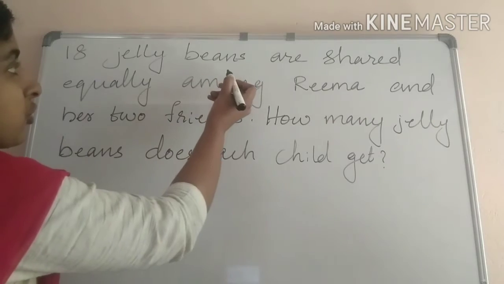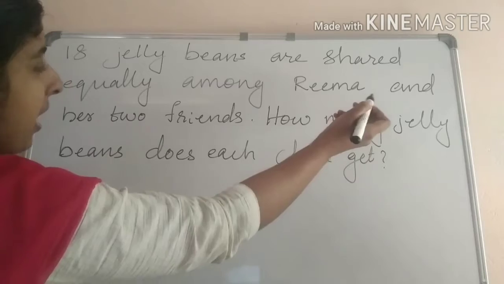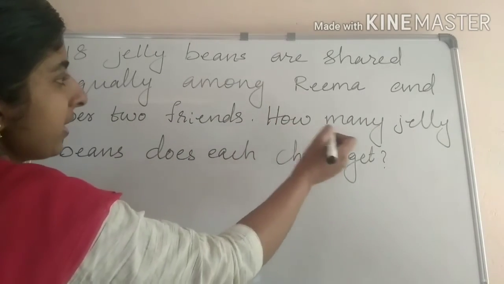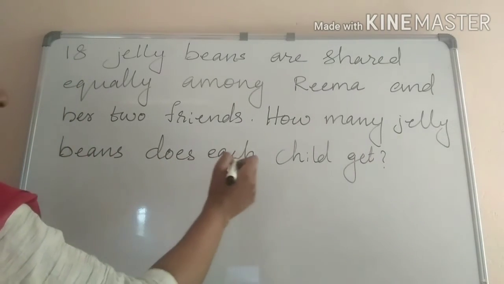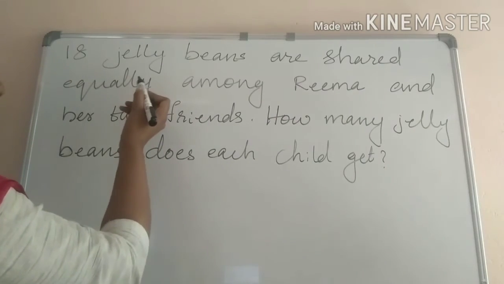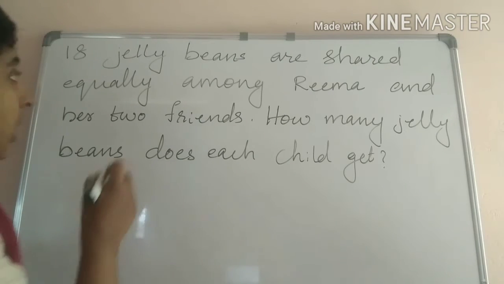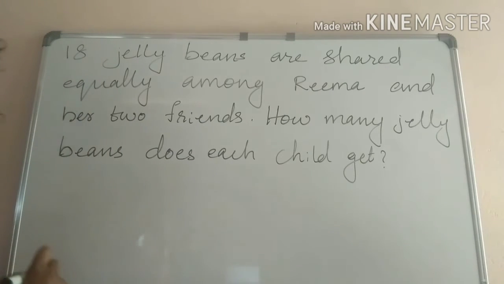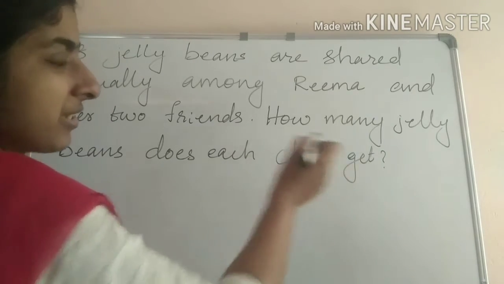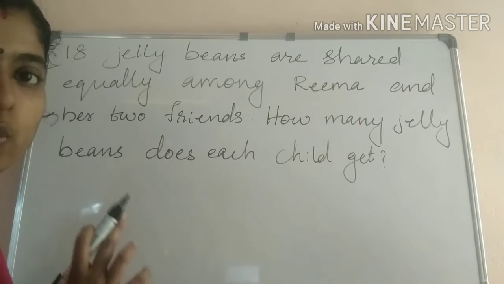See the question. 18 jelly beans are shared equally amongst Rima and her 2 friends. How many jelly beans does each child get? What is the meaning of this question? 18 jelly beans are shared among Rima and her 2 friends. How many jelly beans does one child get?